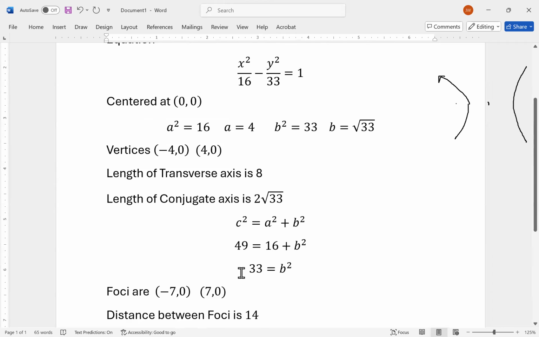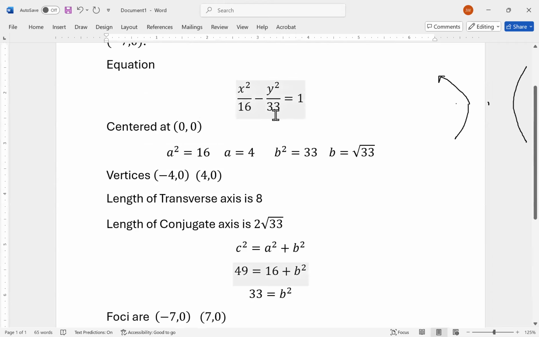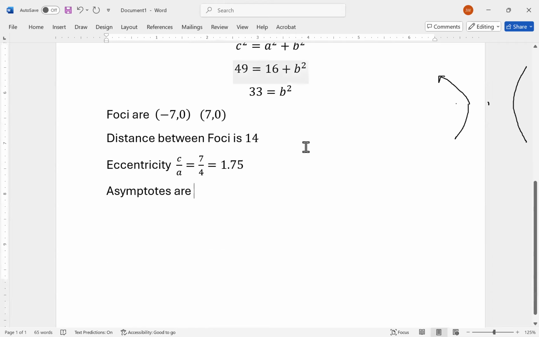The asymptotes, well, I always think of it as change in y over change in x. So the number underneath the y squared is going to be on the top. The number underneath the x squared is going to be on the bottom. Therefore, we get square root of 33 over 4 as the slope.